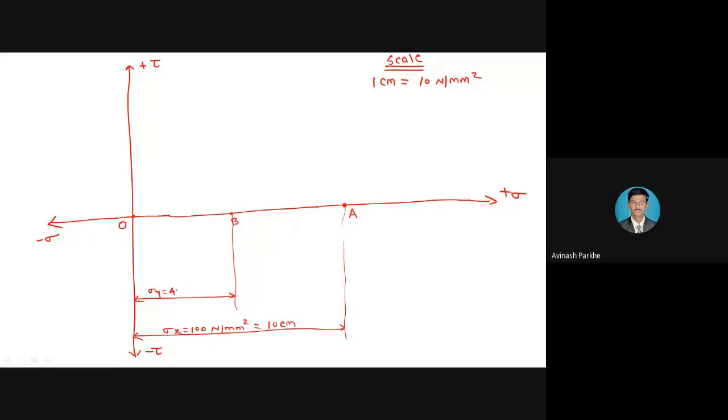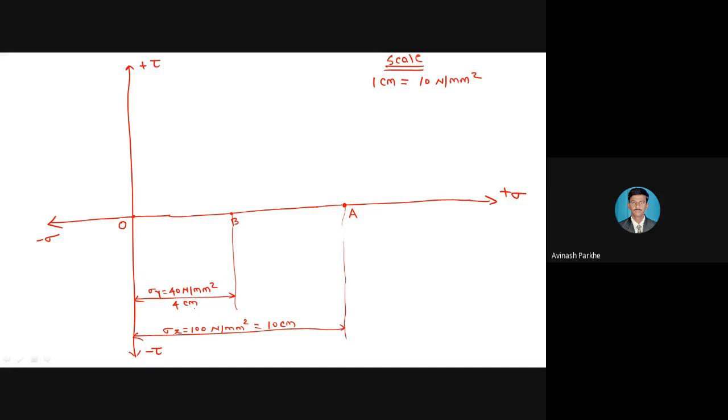Sigma y is equal to 40 Newton per mm square, which is equal to 4 centimeter. Represent point A as 10 centimeter from origin point O, and point B as 4 centimeter from the same point O, both at the right side because both are positive. I hope you have represented point A and point B, and both points represent the position of sigma x and sigma y from the origin point O.